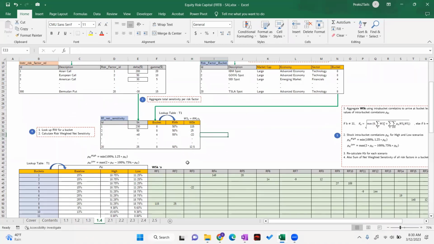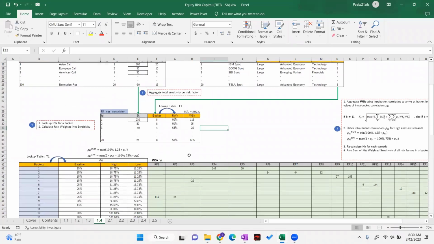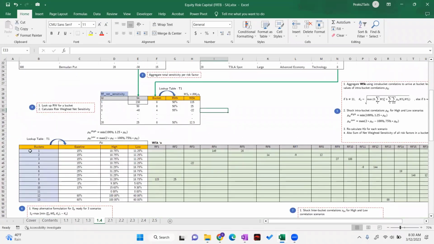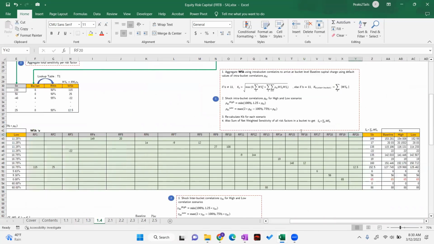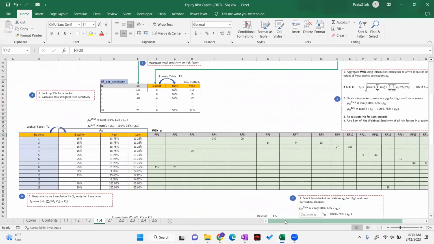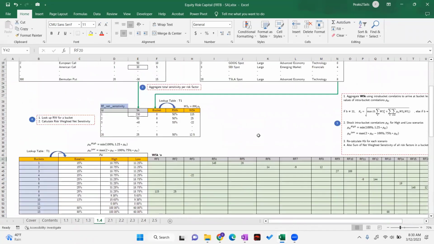Okay. How many buckets do we have? We have 13 buckets. So next, this is the set of buckets 1 to 13, and these are the 20 risk factors. Some of the calculation that I'm going to tell you now might seem new to you because those are part of the aggregation logic, the conditional logic that we did not cover fully in the last class.